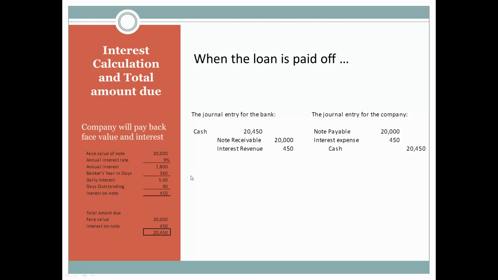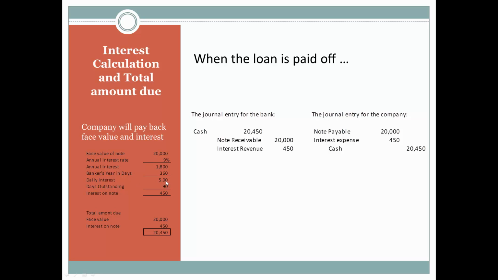There is a convention that is used for all notes called a banker's year in days, where every month in the year, all 12 months, are looked at equally as having 30 days. So it'll be 360 days, so that will be 12 months times 30 days per month. So the banker's year in days is 360. So the annual interest will always be divided by 360.